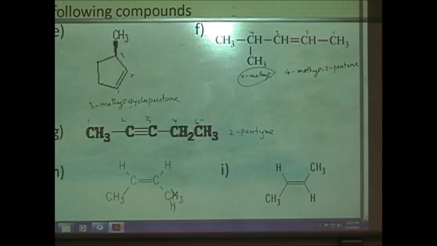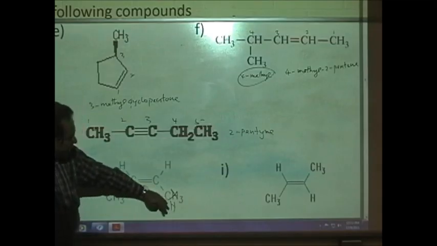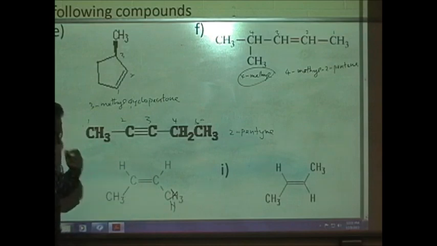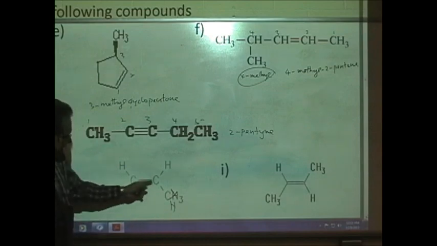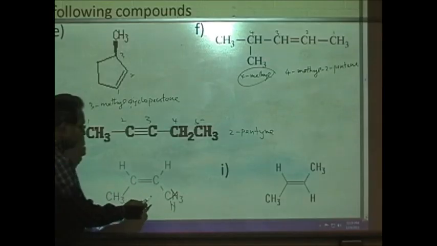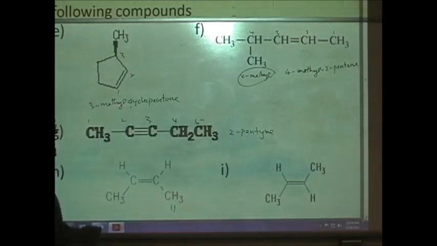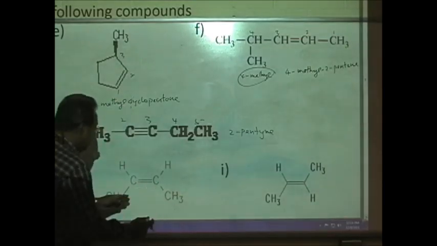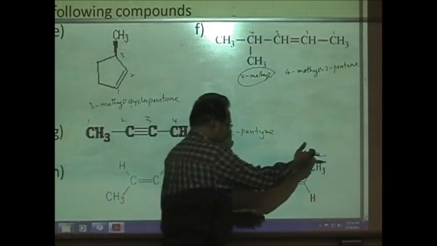To have geometrical isomers, you have two groups opposite to each other across the double bond, or across the ring, or on the same side of the ring, or the same side of the double bond. So in this case, if there is hydrogen in these molecules, CH3, CH, CH2, CH, CH, CH3, there's no geometrical isomer. But here you have that. Of course, this is going to be cis.